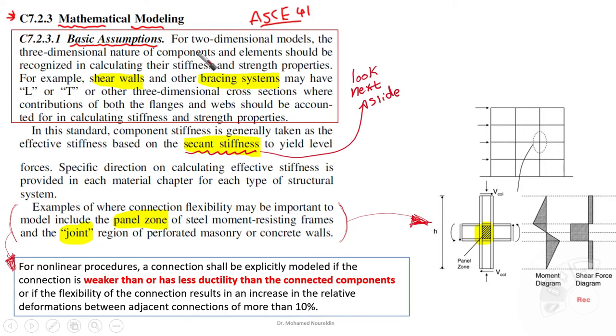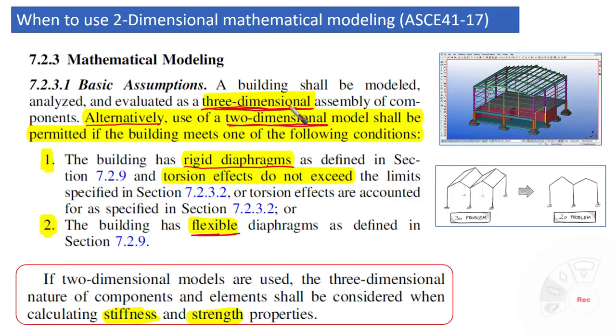For two-dimensional models, this means it is permitted to use two-dimensional models based on the two conditions that we have mentioned before. Let's go back and revisit them. These are the two conditions that we already mentioned in the previous video.